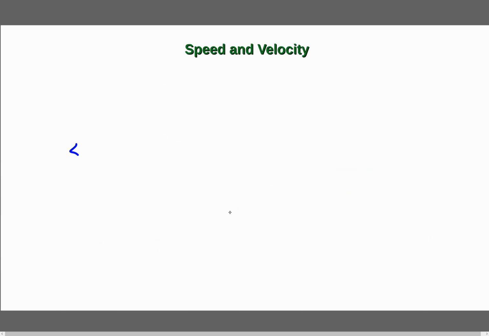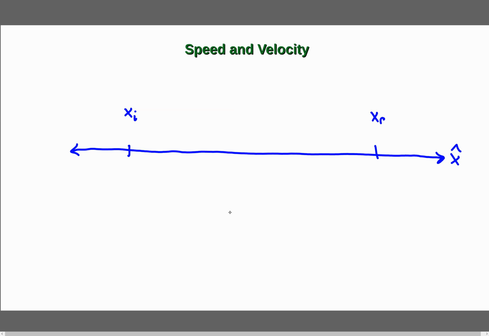So now let's look again at our particle moving along a horizontal line. And let's consider, again, a point x initial and a point x final, and we have a particle moving back and forth. But initial and final are describing time, aren't they?